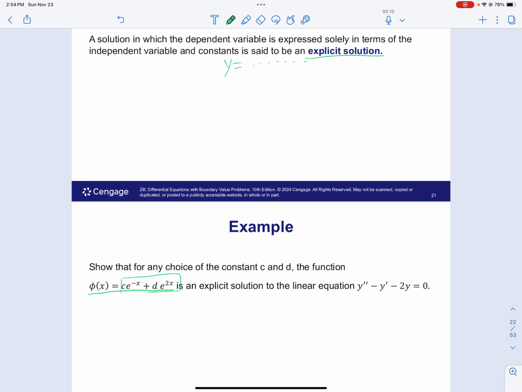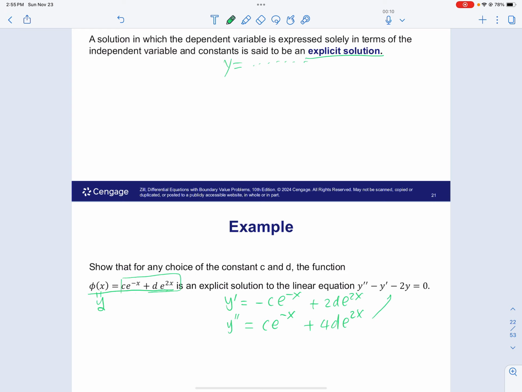And how could we verify this is a solution? Because phi of x, we wanted this to be y, yeah? So y prime will be negative c e to the negative x plus 2d e to the 2x. Remember, yeah? e to the 2x. Y double prime is c e to the negative x plus 4d e to the 2x. Are you with me?